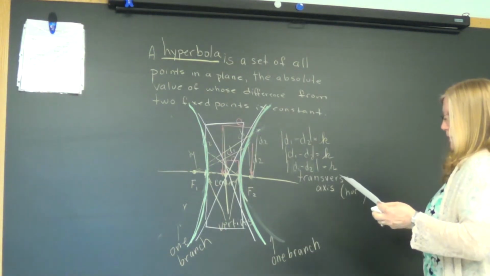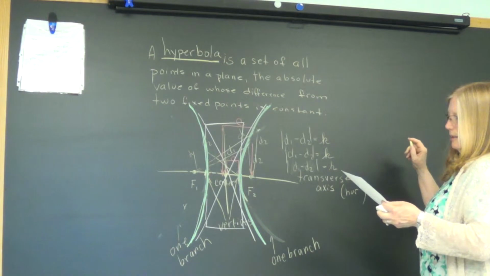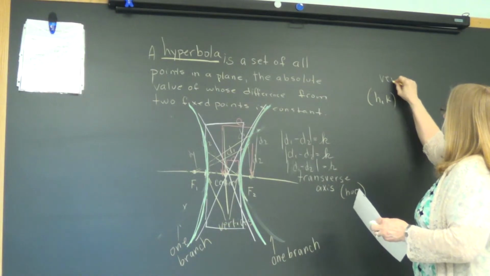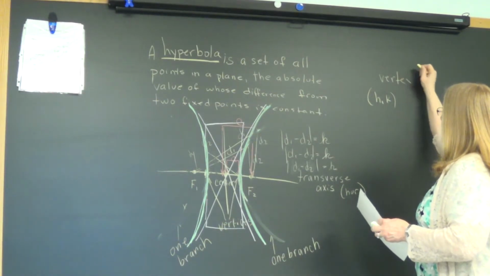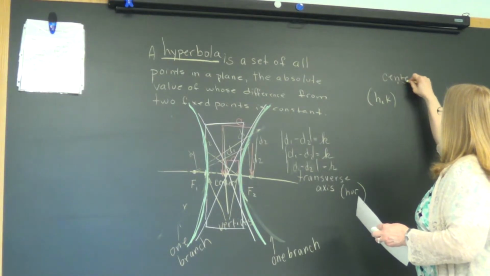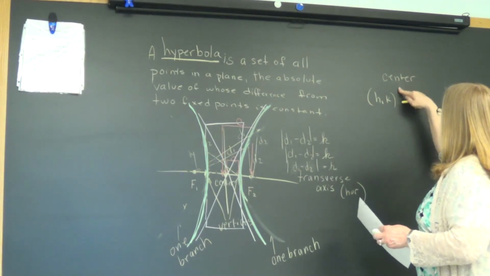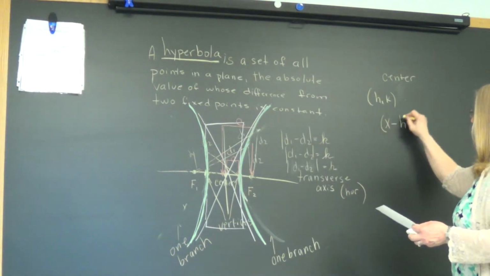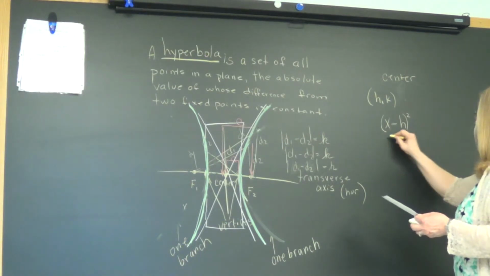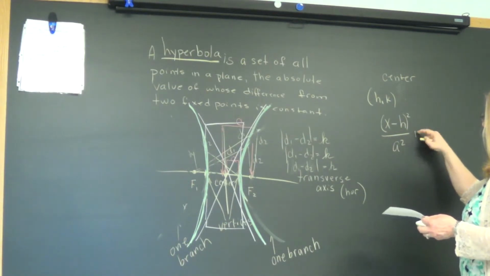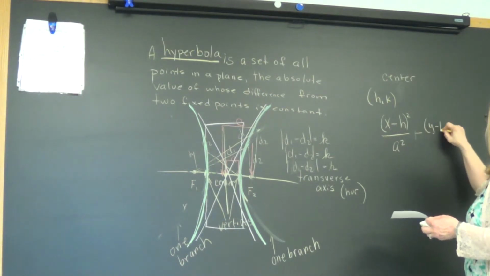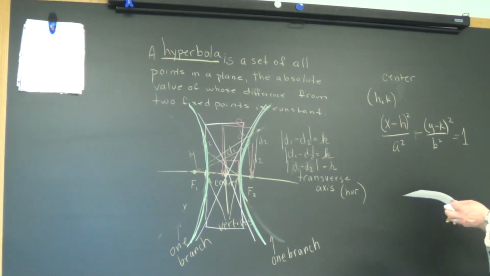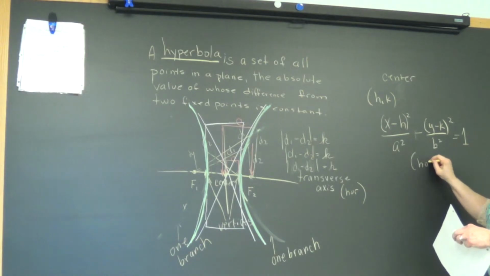The equation for the hyperbola whose center is at (h, k) is going to look like this: (x minus h) squared over a squared, minus (y minus k) squared over b squared, equals 1. And that is the horizontal equation.